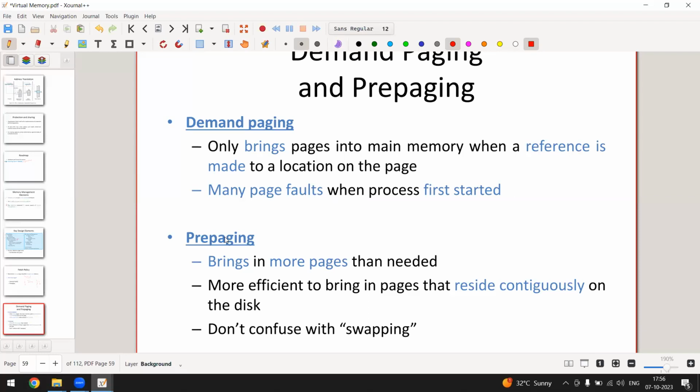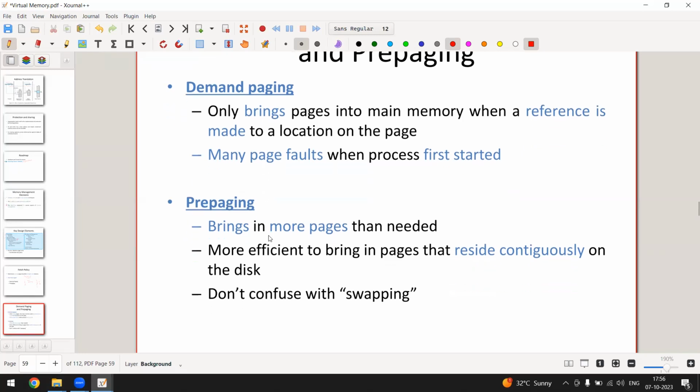Because when the process is first started, only a few pages are there in the memory. So there will be a lot of page faults and you cannot bring new pages in advance because you are using demand paging. As and when the new pages are requested, they will be brought into the memory. So initially there will be many page faults.